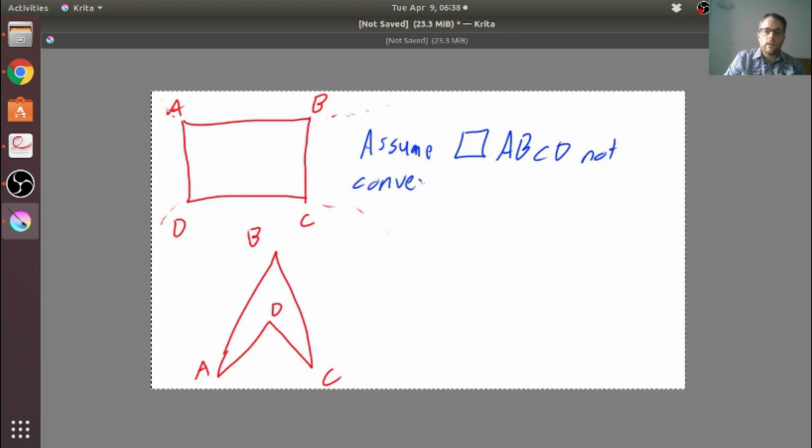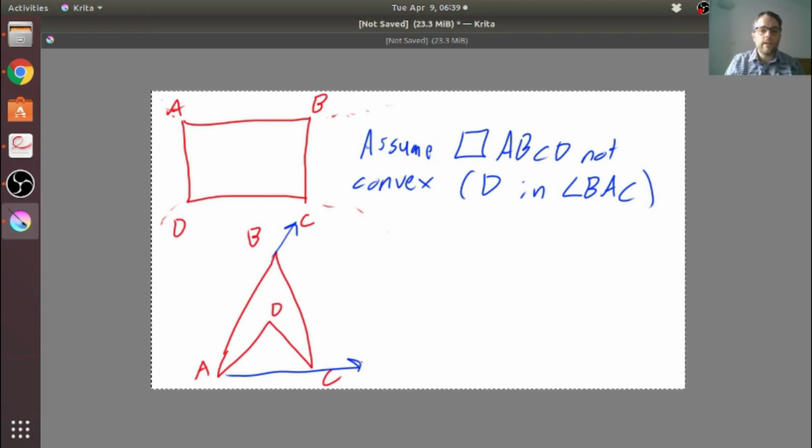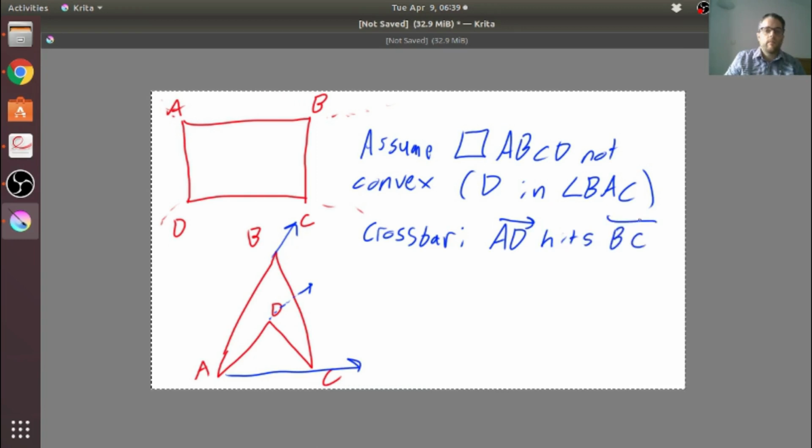What does that mean? That means maybe D is in the interior of angle BAC, like I have in this picture. So if I extend this ray out, according to the crossbar theorem, once again, similar arguments as before tell me that the ray AD has to hit the segment BC. So in particular, AD is not parallel to BC.